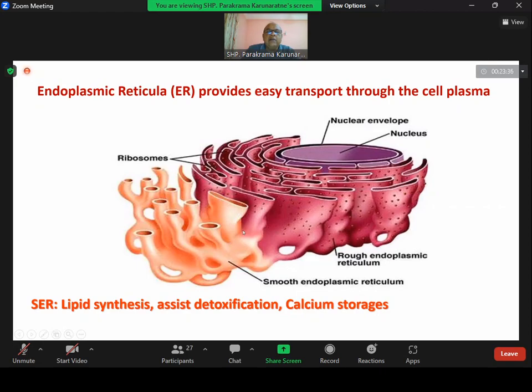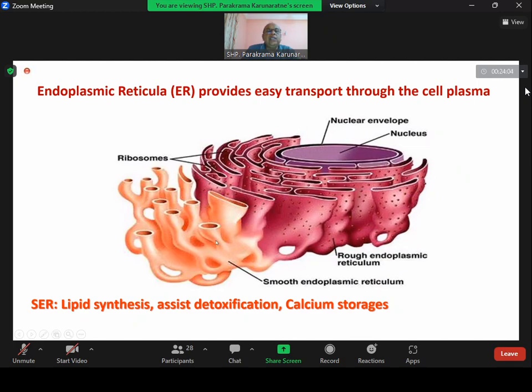Things can be transported easily through them. Reticula is plural, reticulum is singular. If ribosomes are attached, it is rough endoplasmic reticulum, and if they are not attached, it is called smooth endoplasmic reticulum.